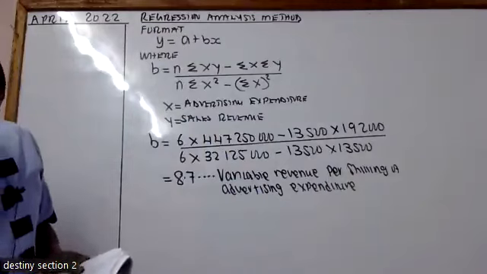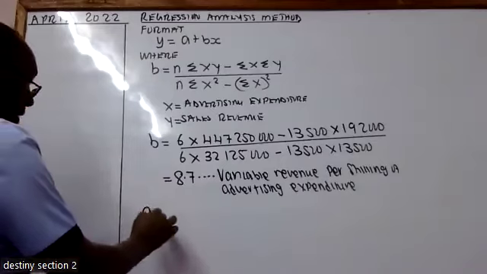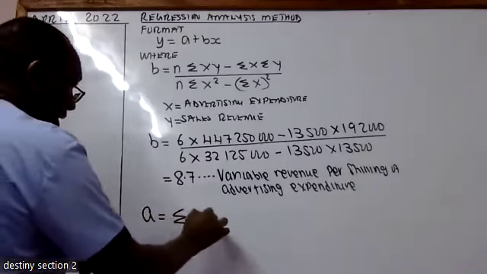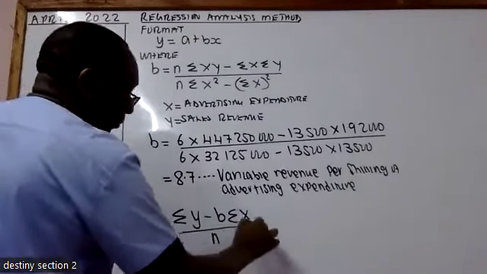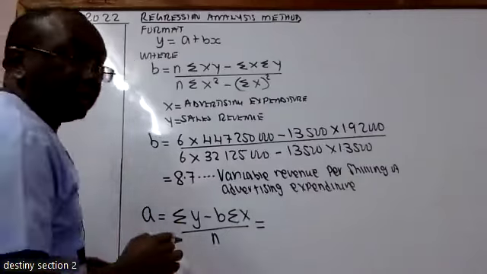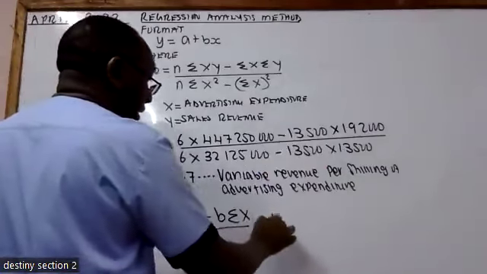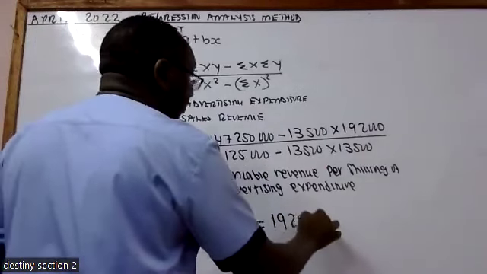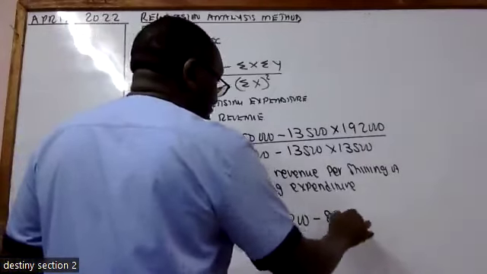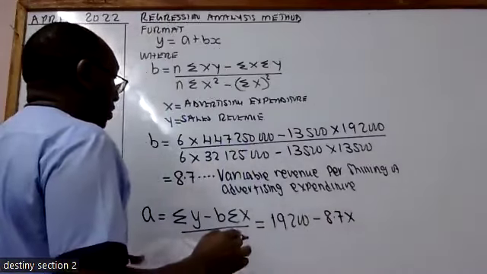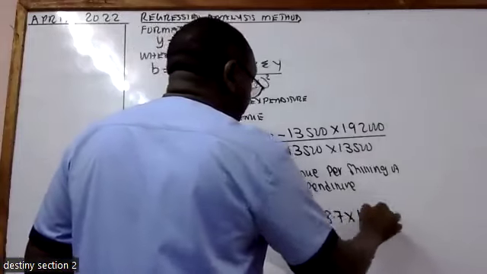Then the other value that we need to compute is called A. Now A is given as sum of Y minus B, sum of X, you divide by N. Y we know it is 192,000 total minus B, 8.7, multiplied by sum of X, which is 13,500.